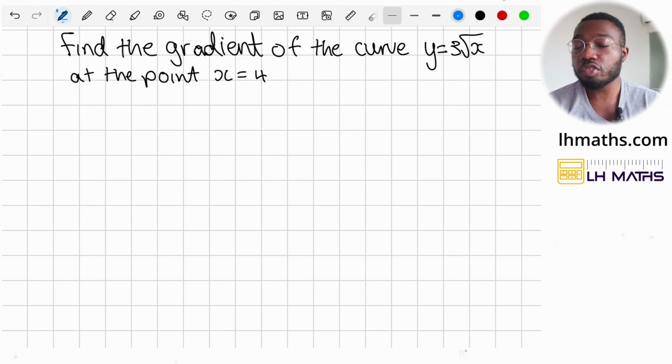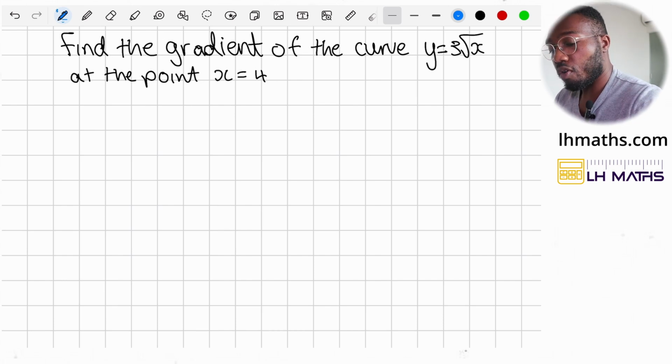So in this type of question, all you need to do is differentiate the equation with respect to x, and then put the x value into x, and that will give you the gradient at that point. So we just differentiate, substitute in 4 for x, and that will give us our gradient.